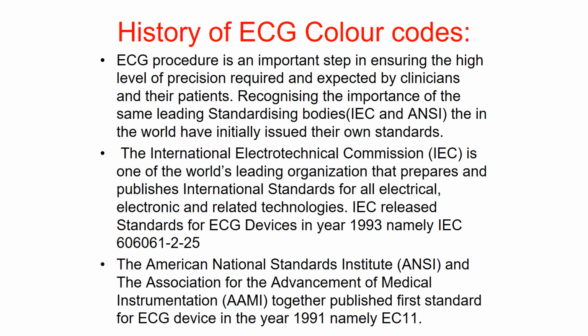IEC released standards for ECG devices in 1993, namely IEC 60601-2-25. The American National Standards Institute, ANSI, and the Association for the Advancement of Medical Instrumentation, AAMI, together published the first standard for ECG devices in 1991, namely EC 11.